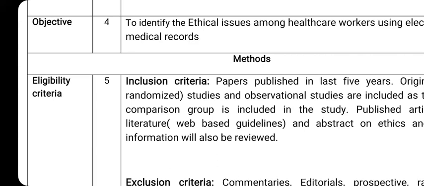After the exclusion and inclusion of the articles, and after checking the quality of each of the studies, the results in the form of quantitative data would be included in my systematic review. And the comment on the common ethical issues would be done in the conclusion section.